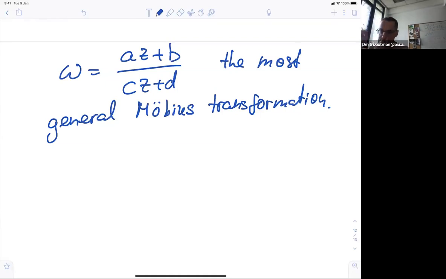And because linear transformations send circles to circles and lines to lines, the Möbius transformation also does the same.